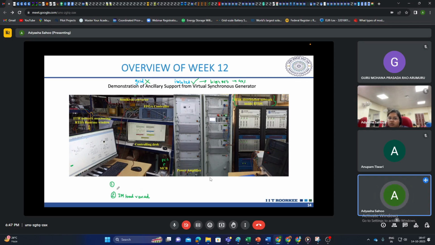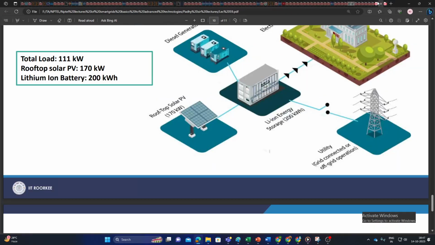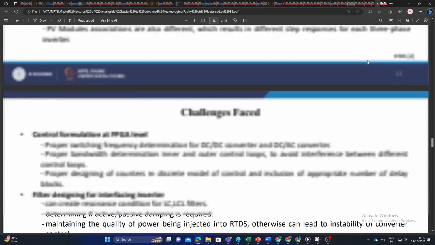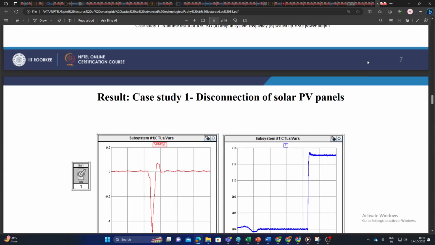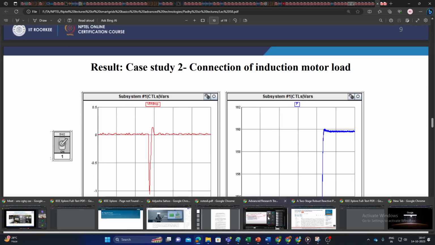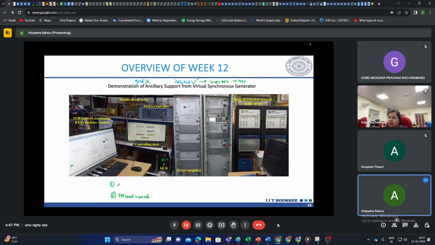I am also unable to recall. Just give me a second. Disconnection of solar panels. Okay. So basically, the first case study was where the solar panels were disconnected.